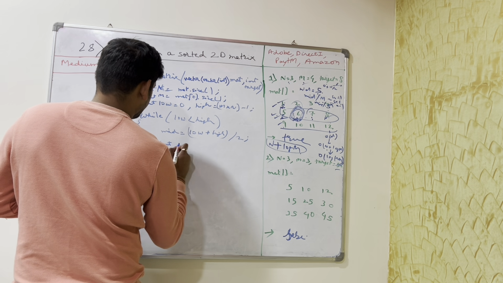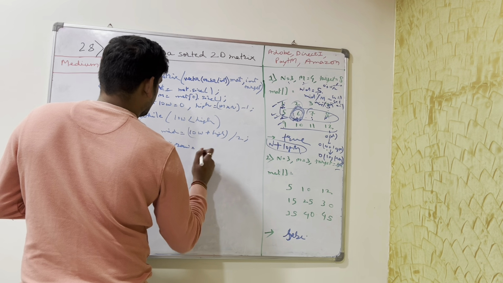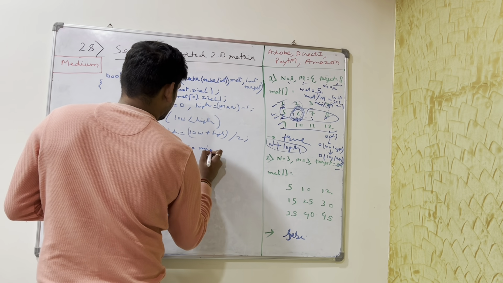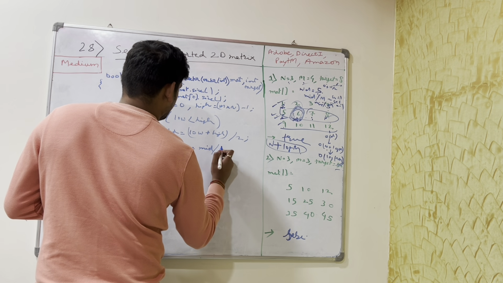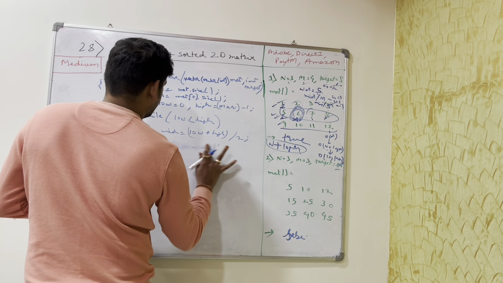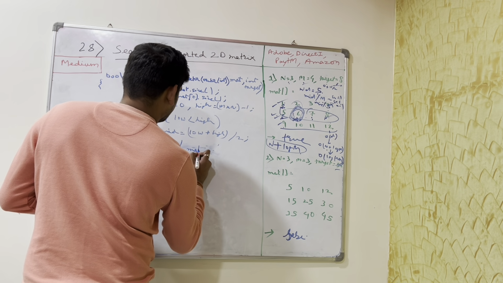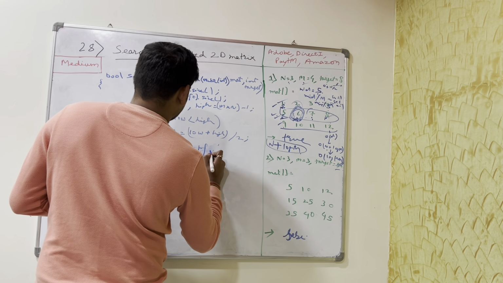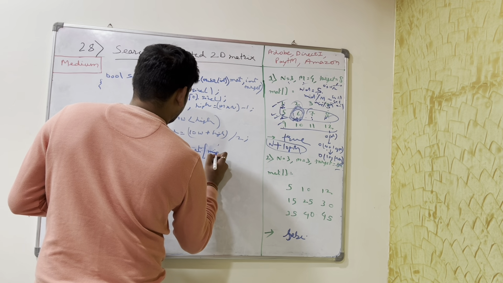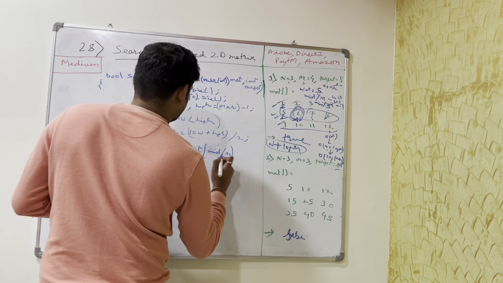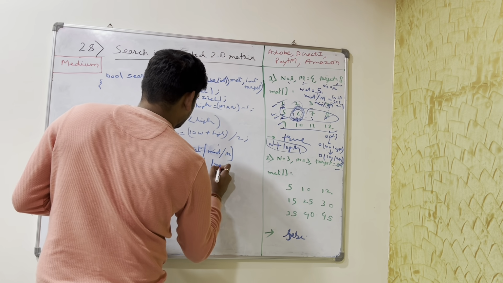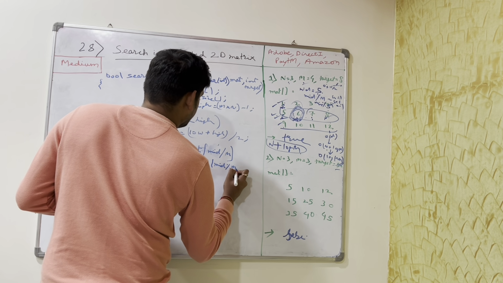The row would be mid by m, and the column would be mid mod m.